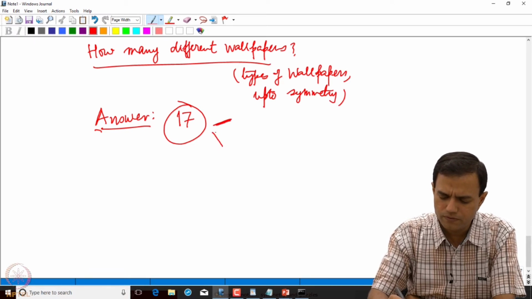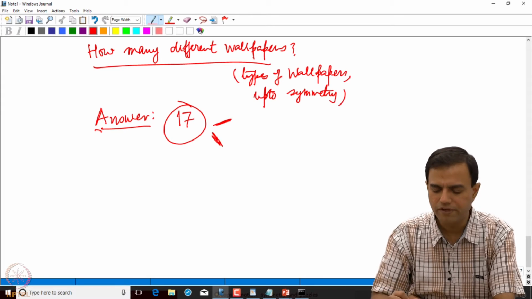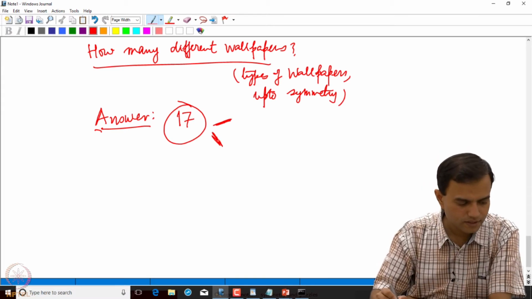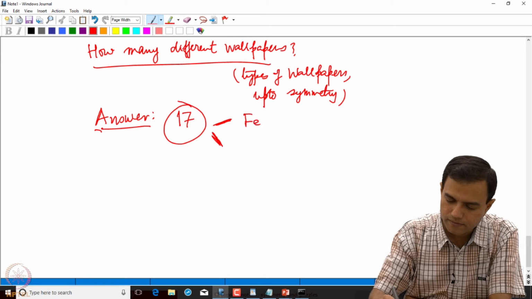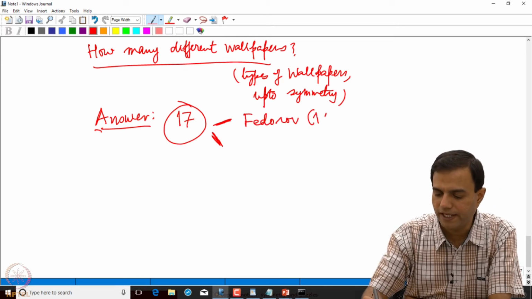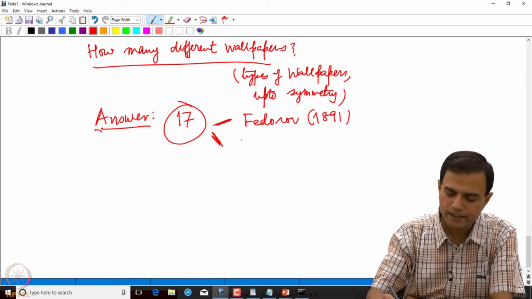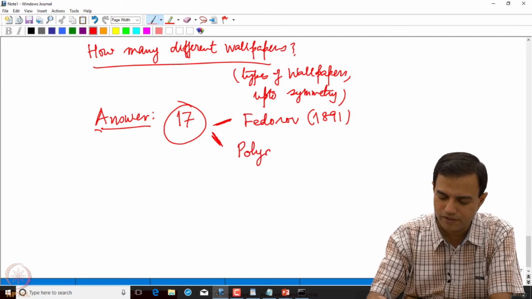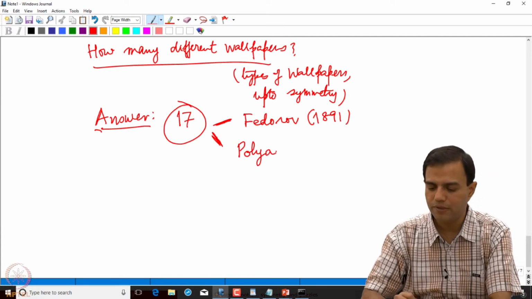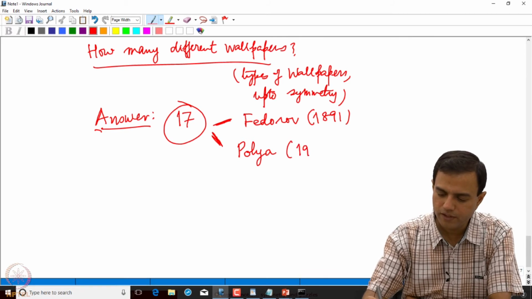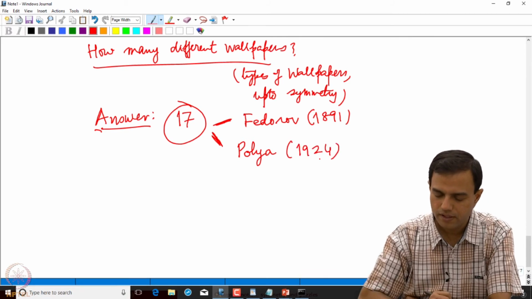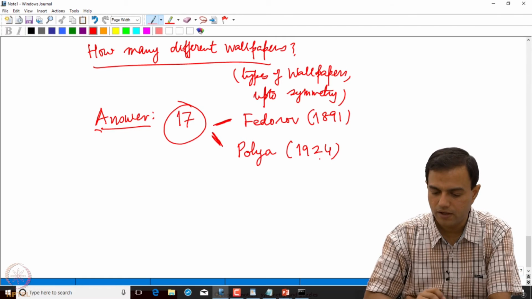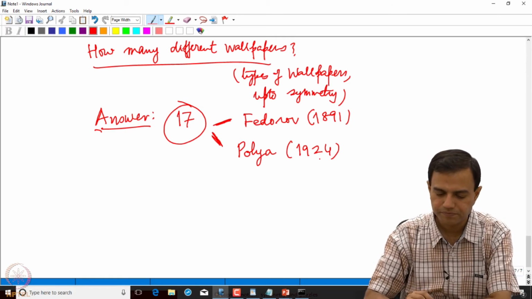So who found all this and how did they find it? So this is Fedorov, and in 1891 he had observed all this, and then a much more famous person, many of you must have heard of him, George Polya, who in 1924 wrote an article on wallpaper symmetries.